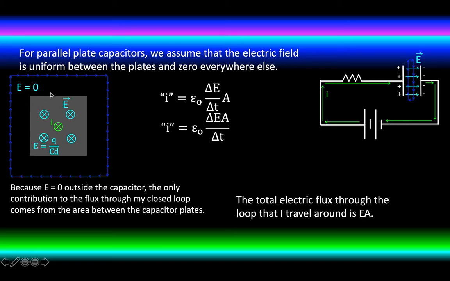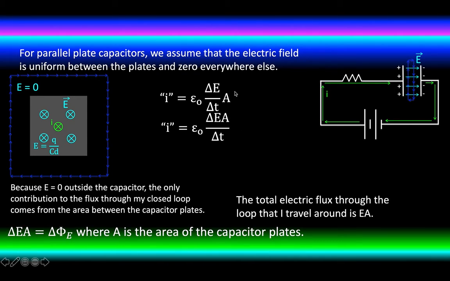Because the electric field is 0 everywhere outside the plates and non-zero inside the plates, the electric field in the region where the plates are is the only thing that's going to contribute to the growing electric flux. So this quote-unquote I, this thing that resembles a current but isn't really a current, is kind of like the rate at which an electric flux grows. If you think back to the previous chapter, we talked about magnetic flux, the rate at which magnetic flux changes.